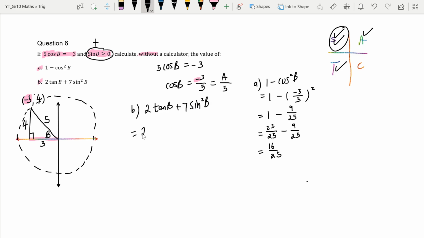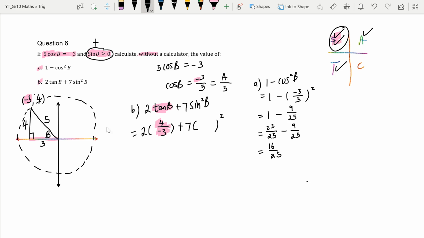So it will be 2 times whatever tan beta is plus 7 times whatever sine beta squared is. So let's go replace tan beta using our diagram. So tan is equal to opposite over adjacent, which is a negative 4 over 3. And it makes sense, right? Because in the second quadrant, our tan ratio needs to be negative. And it is, so that makes sense.